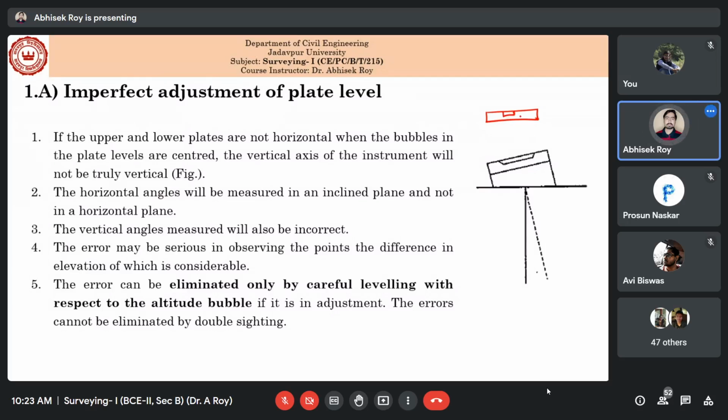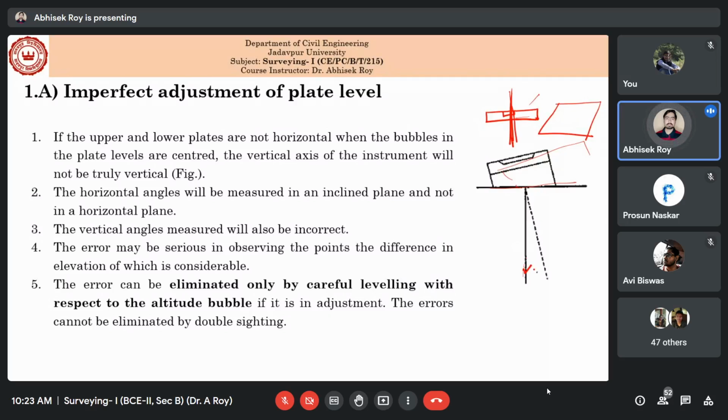If the axis of the instrument is not true vertical, then obviously your measurements will not be in a horizontal plane, but rather in an inclined plane, like this. This is an exaggerated version, but it will be similar to this one.